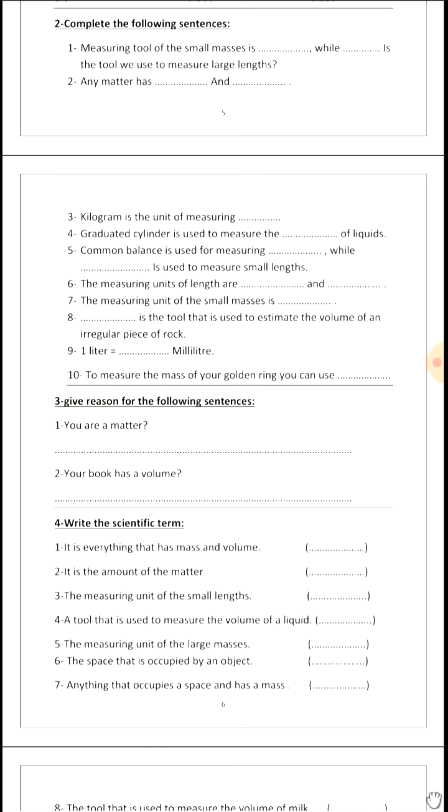Graduated cylinder is used to measure the volume of an irregular piece of rock. Number 9. 1 liter equals 1000 milliliter.